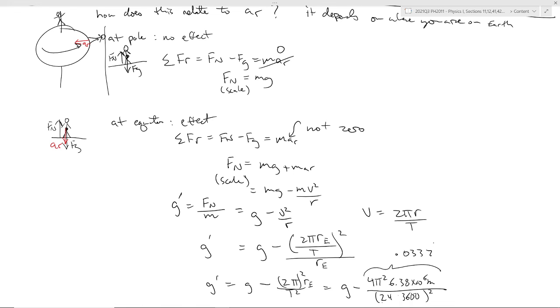What this means is that g prime is less than g by about 0.0337. So in words, the effective acceleration due to gravity at the equator is less than it would be at the North Pole by this factor.